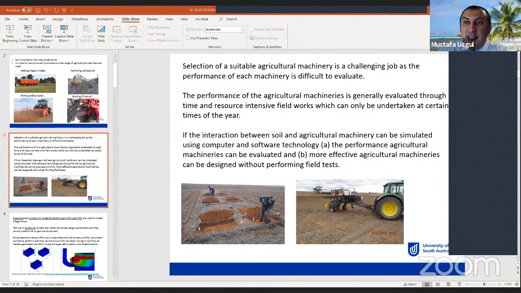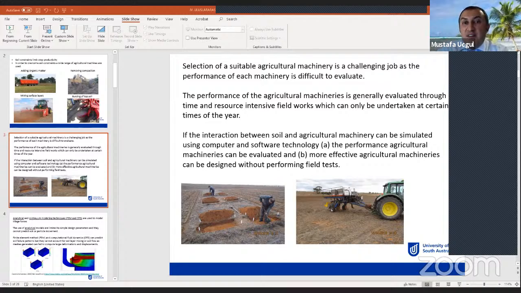Generally, machinery evaluation and design are currently based on experimental knowledge. So what we do is basically go to the field, test the equipment, and then analyze or give information about the performance of the machinery. Or after designing the machinery, we go to the field and do some evaluation.